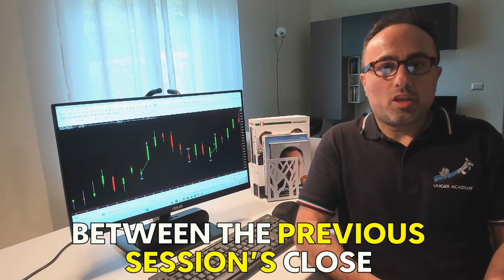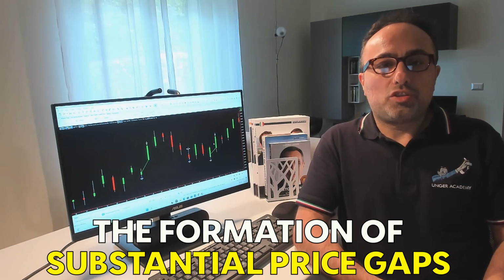One key prerequisite for this pattern to have meaning and validity is that there needs to be a significant time gap between the previous session's close and the next session's open. That's what allows for the formation of substantial price gaps that traders can potentially exploit.